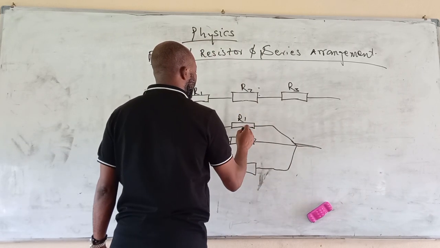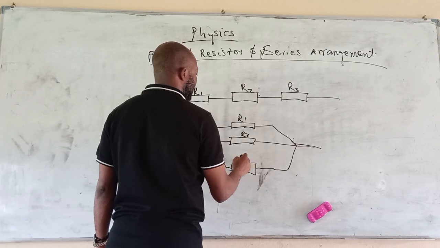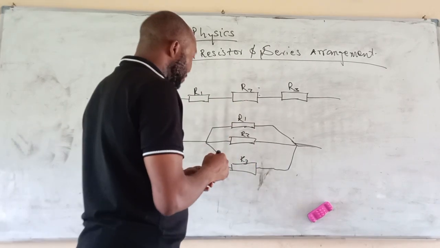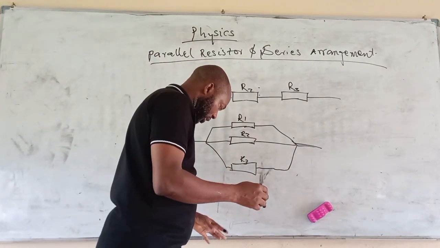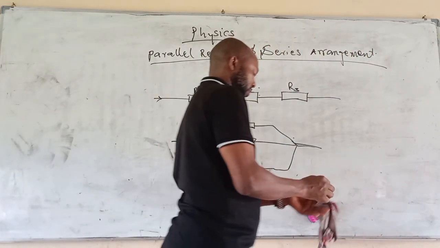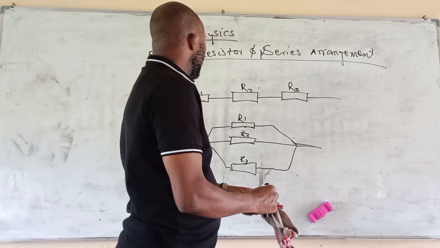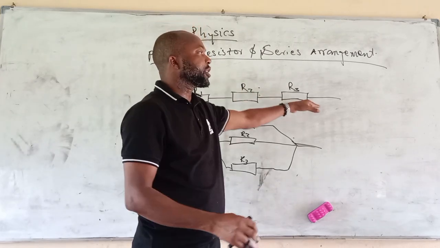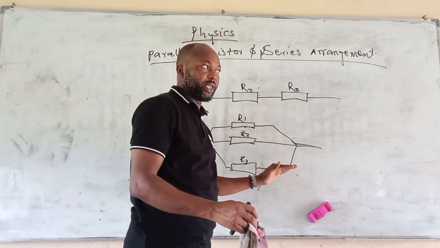This is R1, this is R2, and this is R3. These ones are in parallel to one another. So these are series arrangements and these are parallel arrangements.